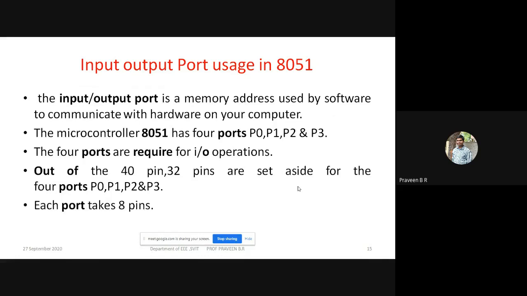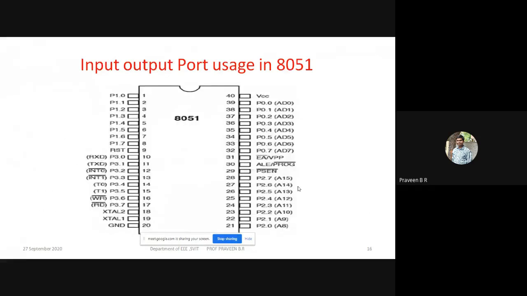and usually each port has 8 pins. Coming to the 8051 microcontroller pin diagram, which I told you just now, it is a 40-pin IC, out of which the first pin to the 8th pin are used for port 1. It's 8 pins, as I told you. Since it is an 8-bit port, pin number 1 to pin number 8 are usually used for port 1.